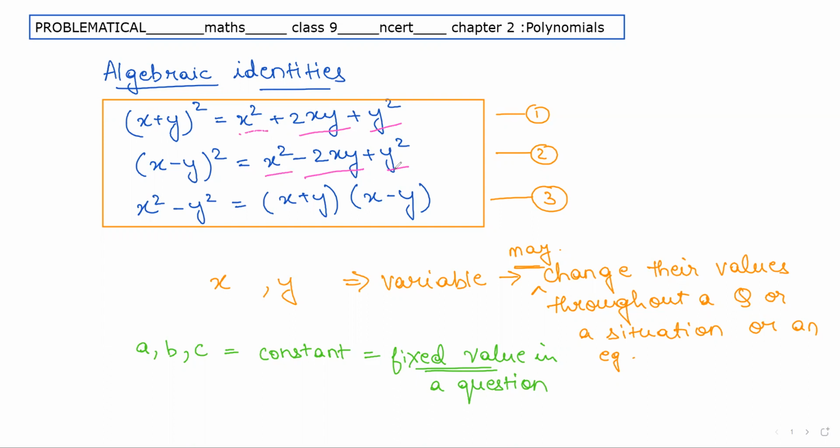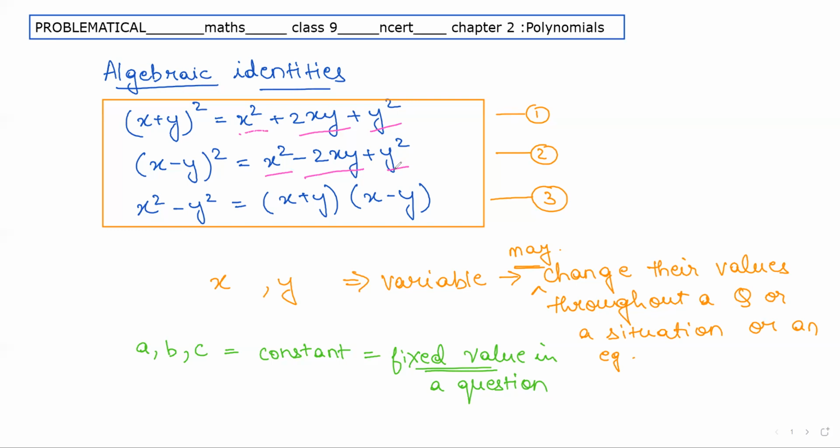So the value of this x may be, say, 1 in the beginning of your question. It may change to some other value multiple times, and by the end of your question it may hold some other value, or it may even hold the same value throughout the question.